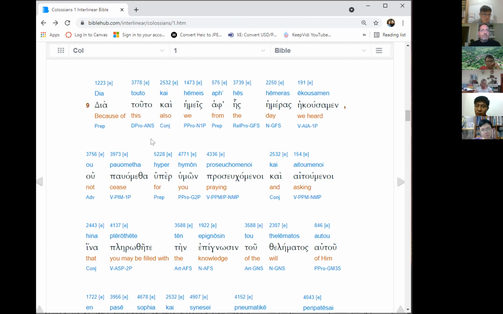But don't worry too much about this now. We'll come back to it later as a resource and a guide that'll help us. I just want you to see it identifies prepositions, conjunctions, and notice here even a participle, that word praying.